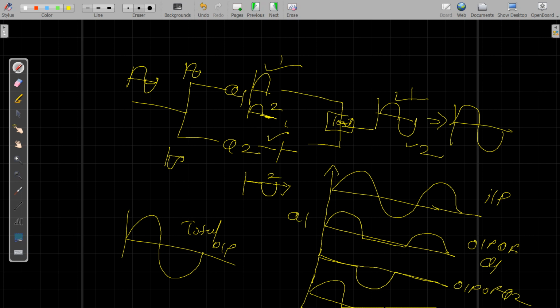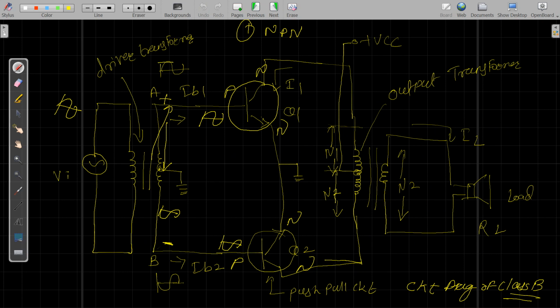The important thing to note is for this output transformer, the number of turns on each half of the primary. There are two halves because it is a center tap. So on each half it is N1, and this is one more N1.